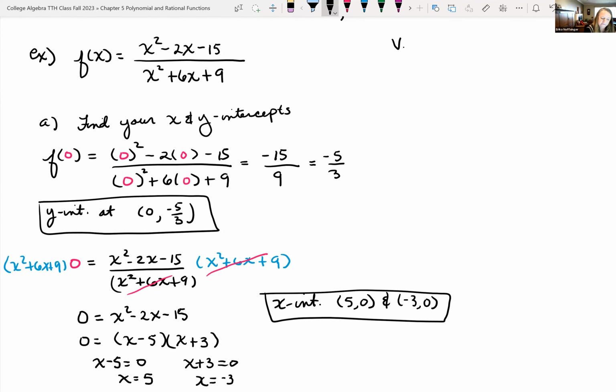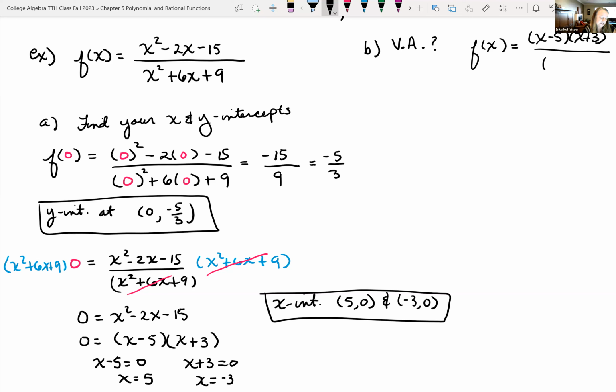Let's look at our vertical asymptotes. Let's factor both the numerator and denominator of our original function. So f of x, we just saw that the numerator factored as x minus 5 times x plus 3, all over our denominator.